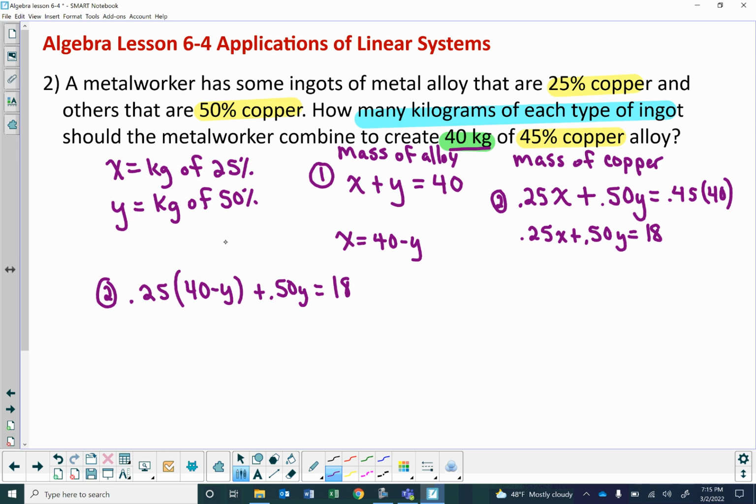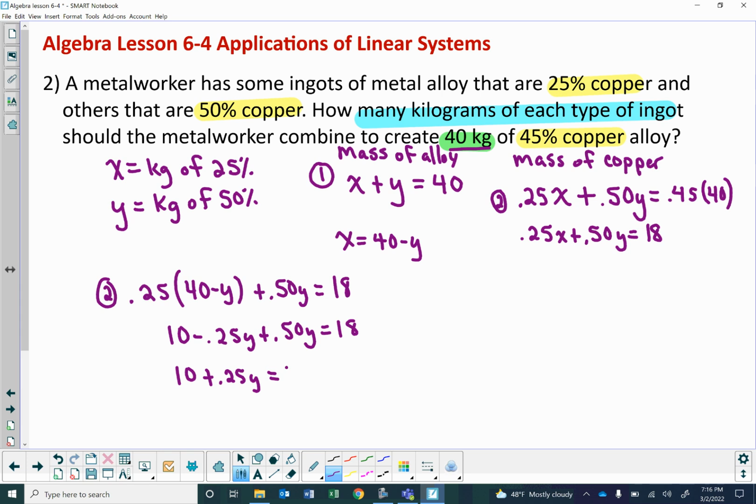So let's distribute. 0.25 times 40 is 10, minus 0.25y plus 0.50y equals 18. 10 stays. Negative 0.25 plus 0.50 is kind of like saying negative 25 cents plus 50 cents. So that ends up to be 25 cents.